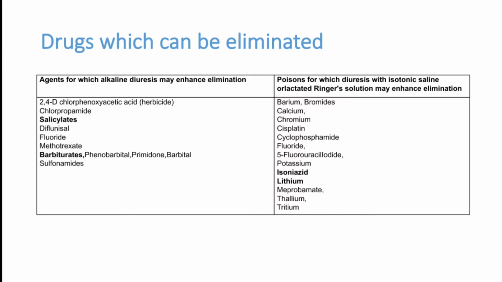Poisons for which diuresis with isotonic saline, that is normal saline or Ringer lactate solution, may enhance the drug elimination are barium, bromide, calcium, chromium, cisplatin, cyclophosphamide, fluoride, 5-fluorouracil, potassium, isoniazid, that is a TB drug, lithium, that is an antidepressant or mood stabilizer drug, and thallium, tritium. Among this group, the most important is lithium.